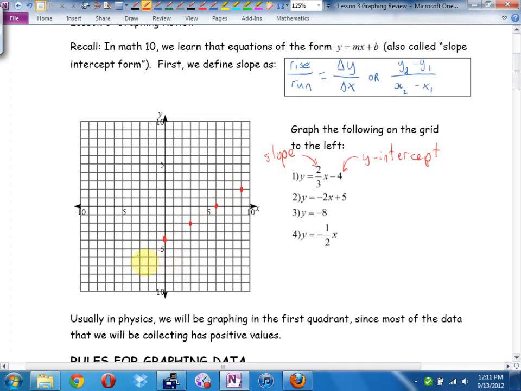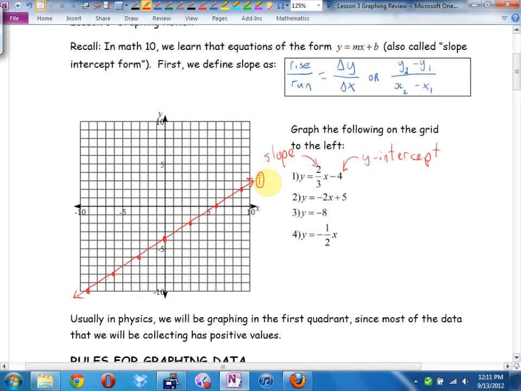Down 2, back 3. And then I take out my ruler and I connect the lines in a nice straight line. And since we're going to graph more than one line on this particular diagram, I'll even label that with a little number 1.